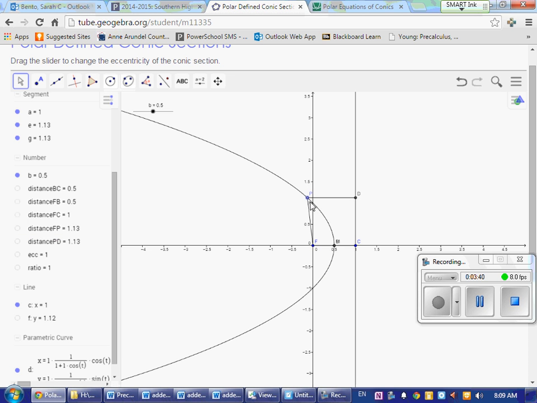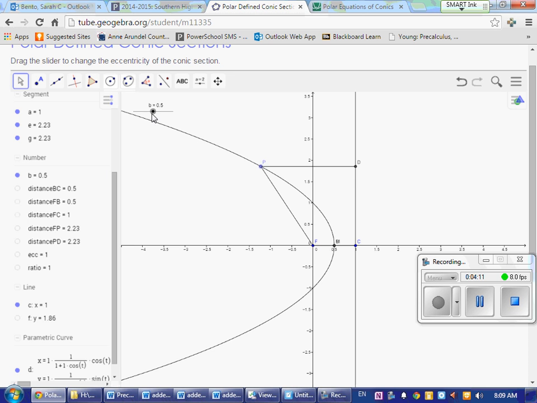PD, and what else is changing? FP. So PD is the distance from the point to the directrix, and PF is the distance from the point to the focus. How do you think I might use those to get eccentricity? What's the eccentricity of this parabola? The eccentricity is 1, and notice that as I move P, the eccentricity stays 1. So FP over PD might be how we are defining eccentricity.